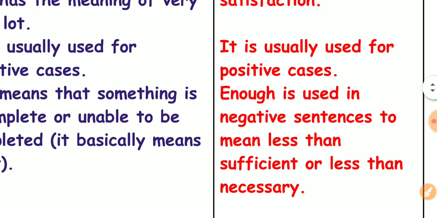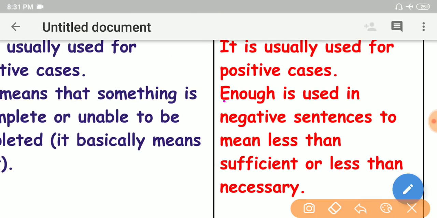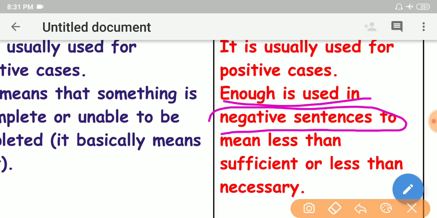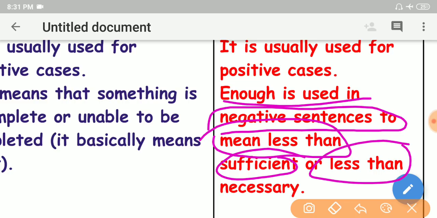In a similar way, enough is used in negative sentences to mean less than sufficient or less than necessary. So enough is used in negative sentences to show less than sufficient, less than necessary. For example, I don't have enough money for this shopping.